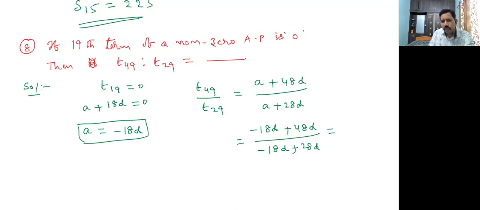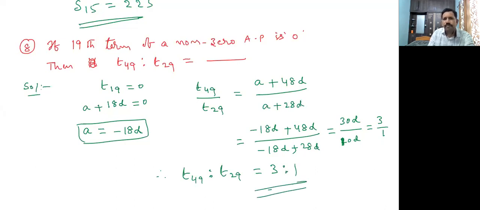Observe that we get 30d divided by 10d. d, d cancel, 0, 0 cancel. We get 3 by 1. So therefore, T49 ratio T29 is 3:1. Students, all of you understood now?